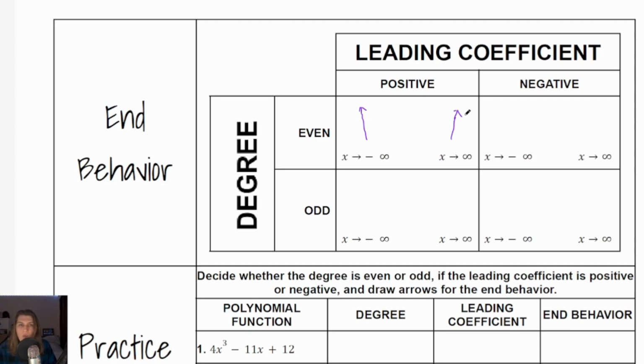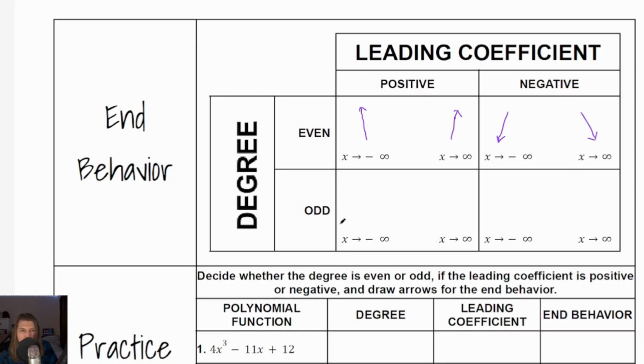So then what if we have a negative leading coefficient, but our degree is still even? Well, then we are going to go down and to the left, and down and to the right. We can kind of see this from our previous problem where we had a negative even degree and both sides went down.